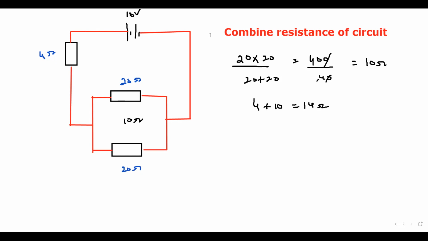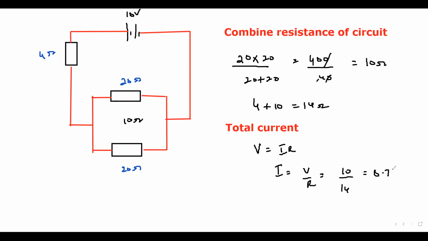Then if we want to find the total current in the circuit, V equals IR, or I equals V divided by R. The total voltage is 10 and the total resistance of the circuit is 14, so it will be 10 divided by 14, which equals 0.71.